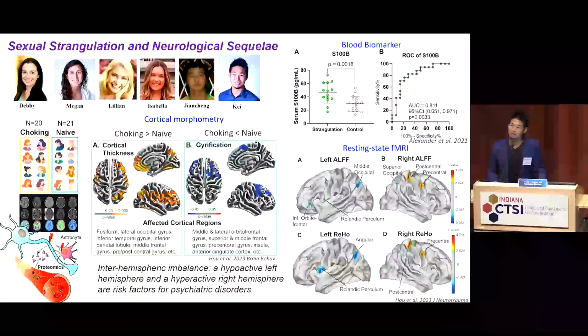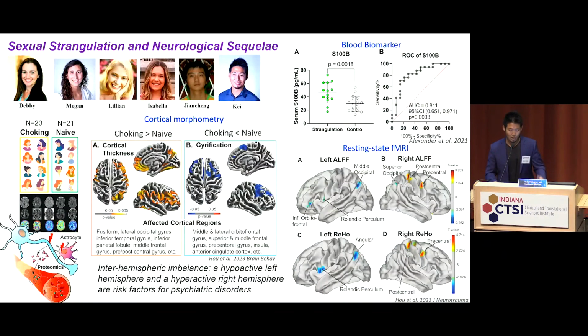We also did resting state fMRI, ALFF and ReHo. ALFF is amplitude of low frequency fluctuation. It shows the power of the neural signal. And ReHo is regional homogeneity. How coherent is it? On the left side of the brain, the choking group showed reduction compared to controls, but the right side is hyperactive.